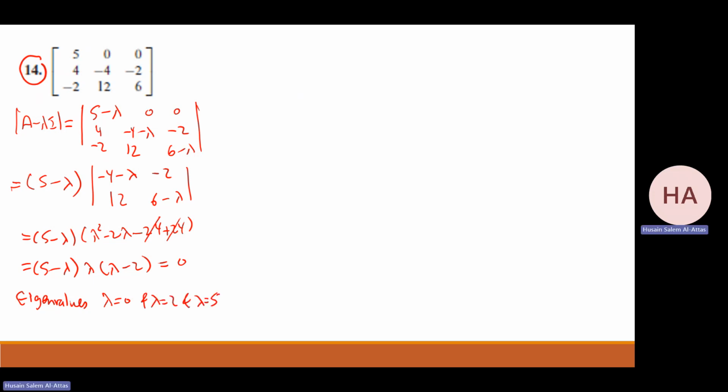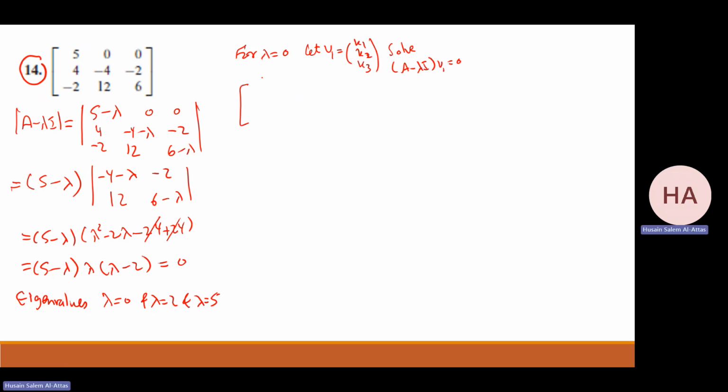I'll do them one by one. So for lambda equals 0, what do we have? Yeah, I let v1 now be k1, k2, k3, and solve this. A minus lambda I v1 equals 0.